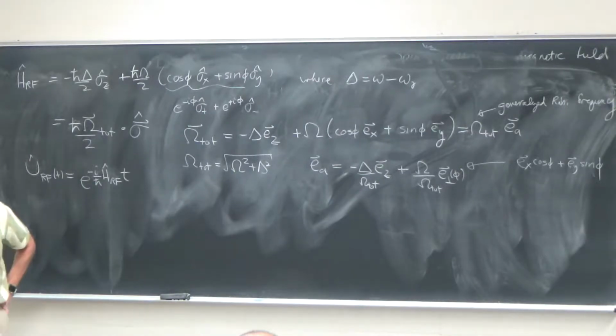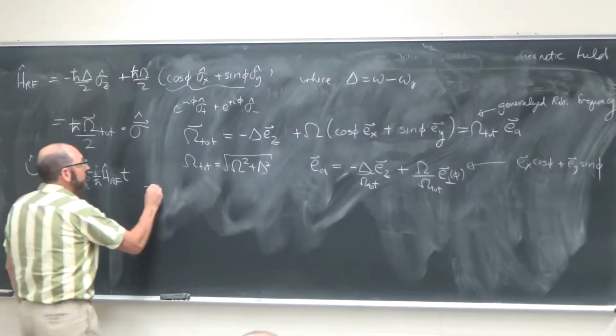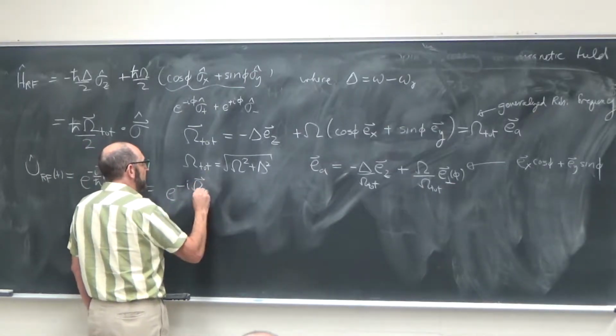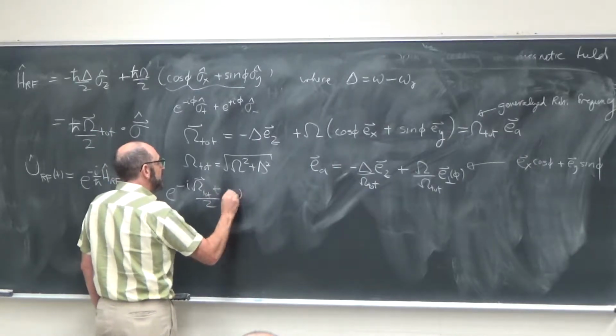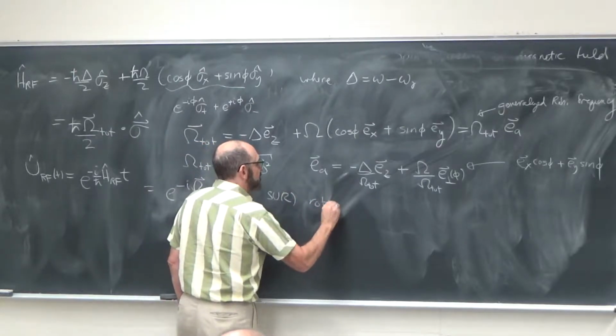I was not allowed to do that before, when it was time dependent. It has the time-ordered exponentials. But by going to the co-rotating frame, we made this static. Okay. And this is equal to e to the minus i omega tilde t over 2 dotted into sigma, which is an SU(2) rotation, as it must be.